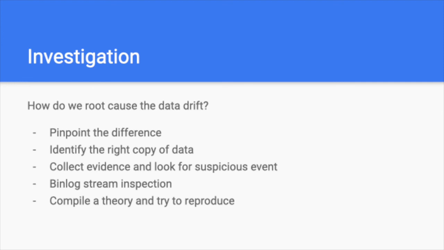The one with the older version would likely have missed the newer events as a result of crash recovery promotions or a replication bug. These are the steps we follow to root cause data drift issues, which admittedly is the most complicated part of the overall consistency guarantee, being able to root cause every single different case that we found in production.